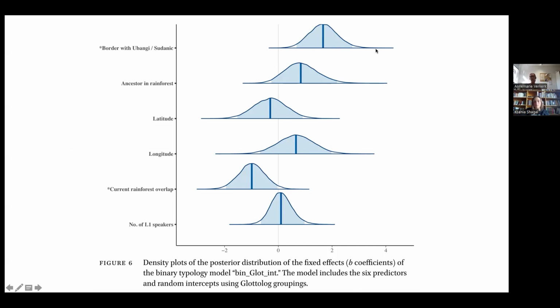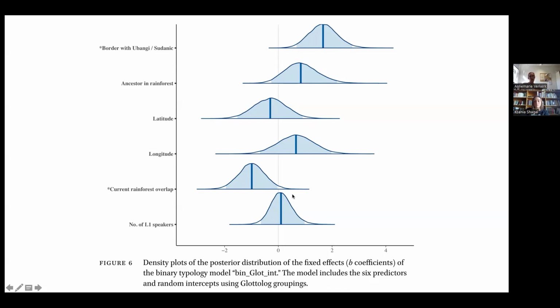When we are doing Bayesian statistics, we don't really talk about significance; we talk more about relevance, but it's hard to get the word significant out of your brain. So you can think of the ones that don't cross zero, like the border with Ubangi and Sudanic for this model, as relevant predictors. The same goes for current rainforest overlap, and that's all for the binary model.